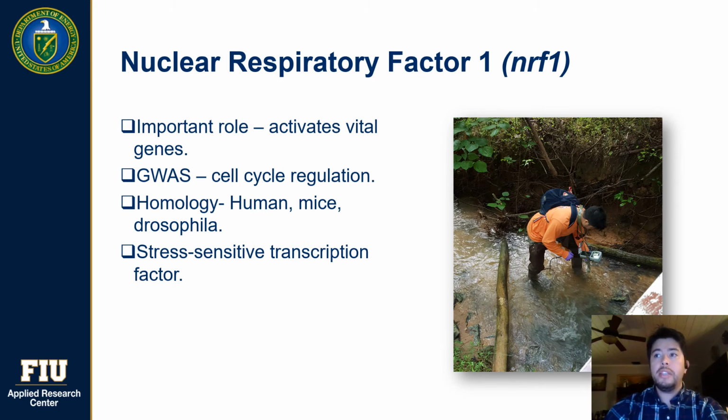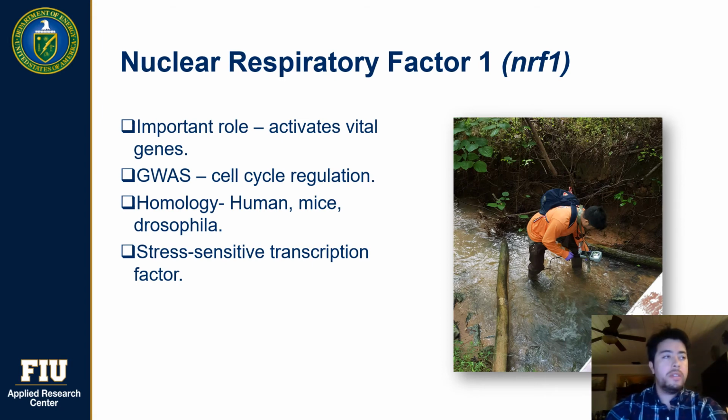Which leads me to nuclear respiratory factor 1. It is a well-established transcription factor and is known for its role in activating the expression of many target genes, most importantly involved in mitobiogenesis, DNA replication, and respiration. Genome-wide association studies have also looked into NRF1 regarding cell cycle regulation.